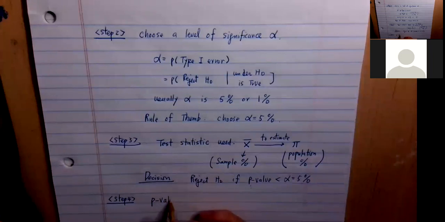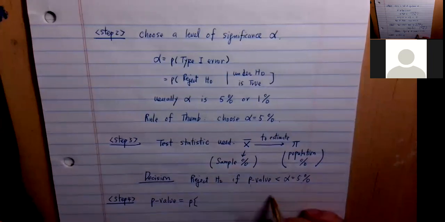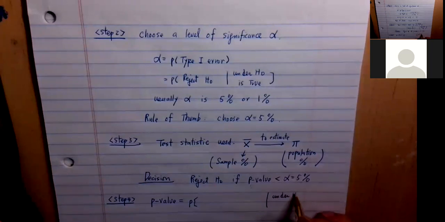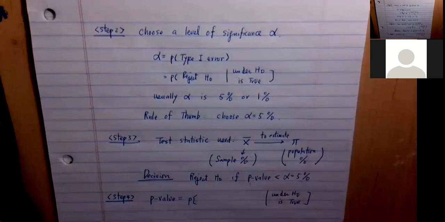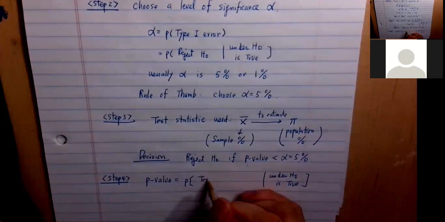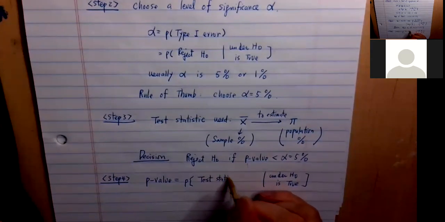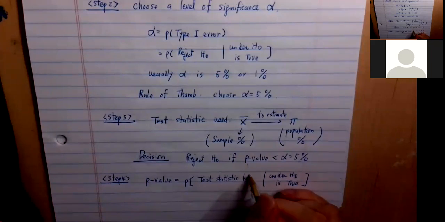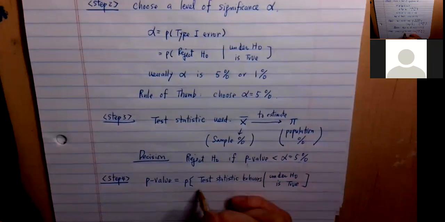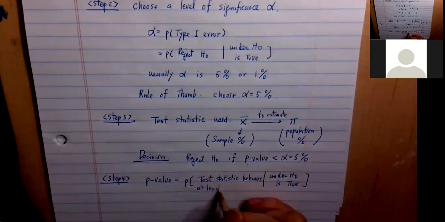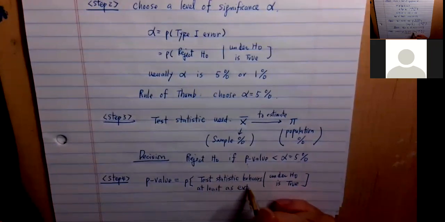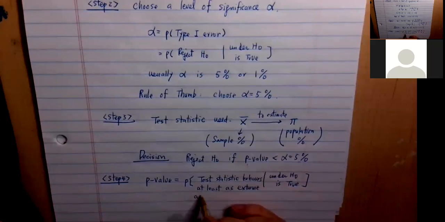P-value is defined to be the probability, under the assumption that H0 is true, of how likely the test statistic behaves at least as extreme as the observed value. A lot of reading.